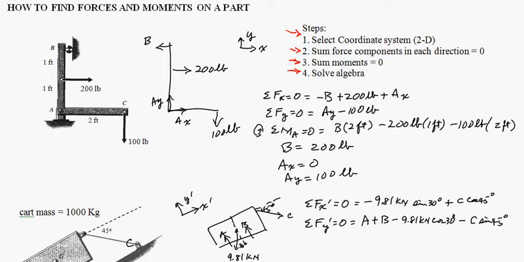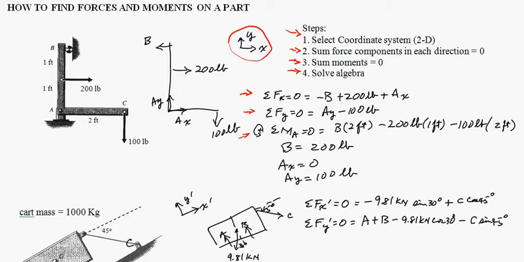From the free body diagram before on this L bracket, we can sum the forces in the x direction, sum the forces in the y, and sum the moments. Notice that this coordinate system is dictating the positive directions for the x and y forces, and this counterclockwise is positive, so we designate that when we start to sum the moments.